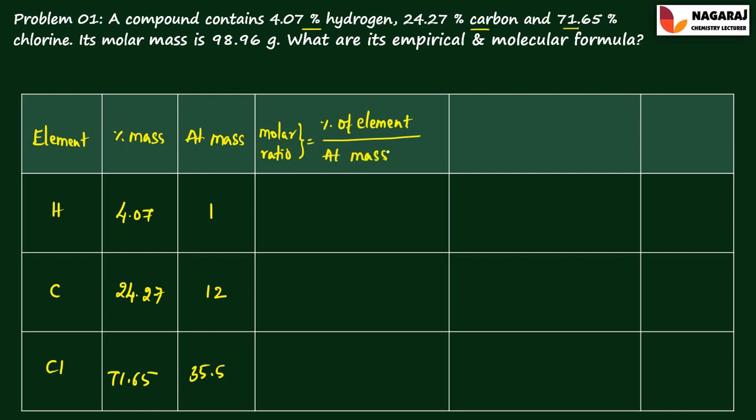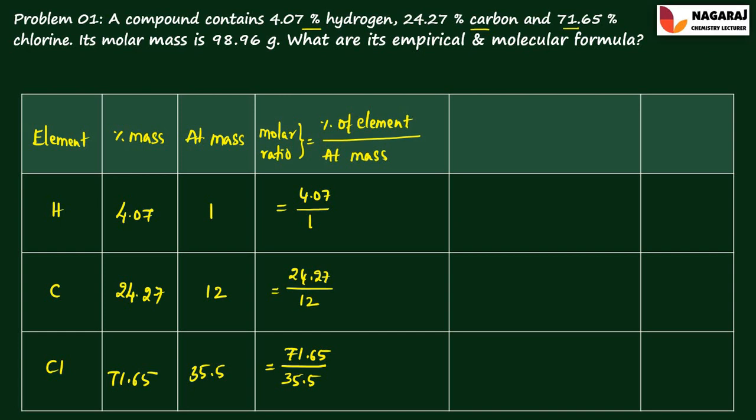So for hydrogen, the percentage of the element is 4.07 divided by atomic mass 1, for carbon the percentage is 24.27 divided by atomic mass 12, and for chlorine the percentage is 71.65 divided by atomic mass 35.5.